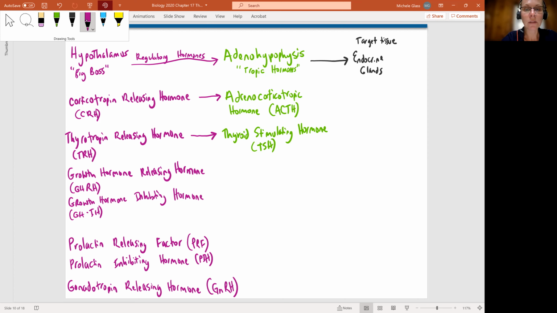Growth hormone releasing hormone, which is abbreviated GHRH, is targeting the adenohypophysis. And this is going to trigger the production of growth hormone, which is abbreviated GH.